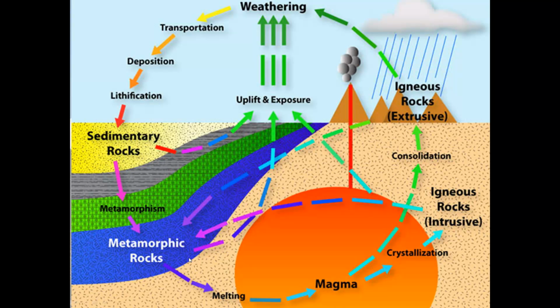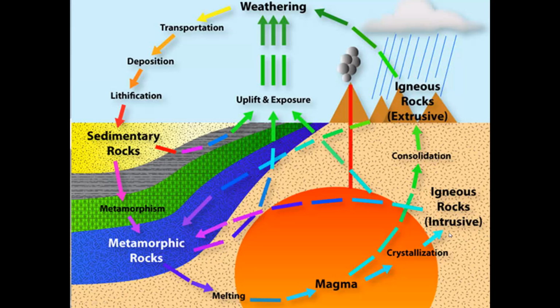And so if it starts to melt, if it twists and turns and is deformed, that's called metamorphic. Once it's melted, it's magma. And then from a magma state, it can crystallize either underground, in which case it's called intrusive, or it can crystallize after it's shot out at the atmosphere in a volcano, in which case it's called extrusive.